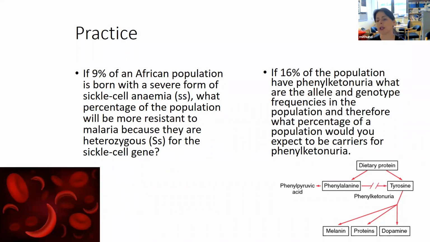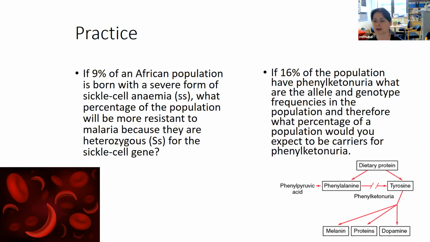So if we know what p is and we know what q is, we know that the heterozygotes are going to be 2 times p times q. So in this case, that will be 2 times 0.3 times 0.7, which equals 0.42. So we'd expect in this population, 42% of the population to be heterozygote and more resistant to malaria.